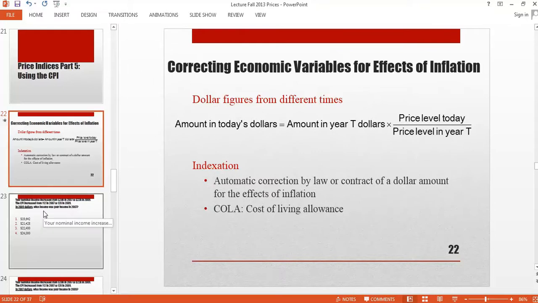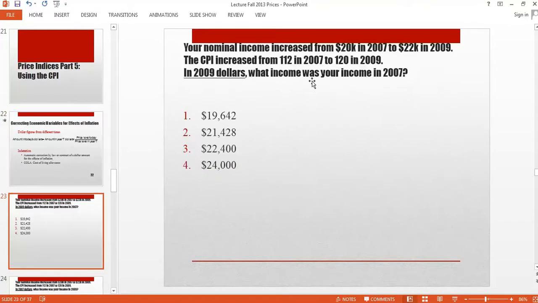So as a particular example of this, let's suppose that your nominal income, the income that's actually on your paycheck, grew from $20,000 in 2007 to $22,000 in 2009. At the same time, the CPI increased from 112 to 120.